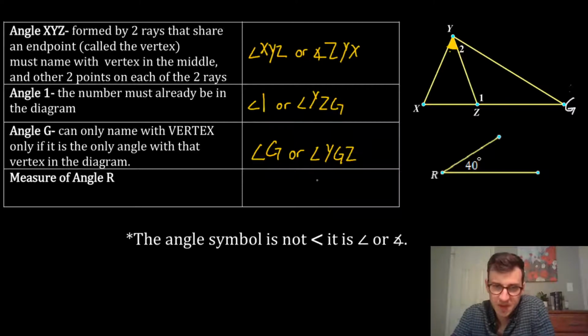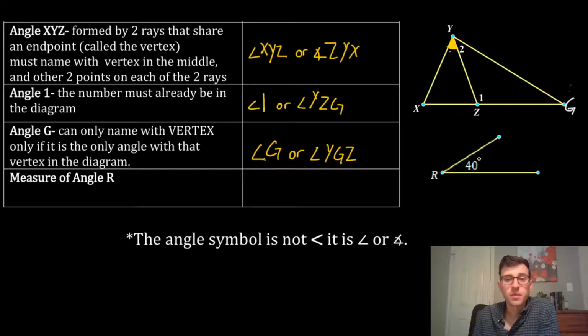But those are the same angle, right? It would be bad to choose angle Z, right? If we just said angle Z, then that could be this angle YZG, or it could be angle YZX. We don't know. So only use just one letter if you know what angle it is, if it could only be that angle.